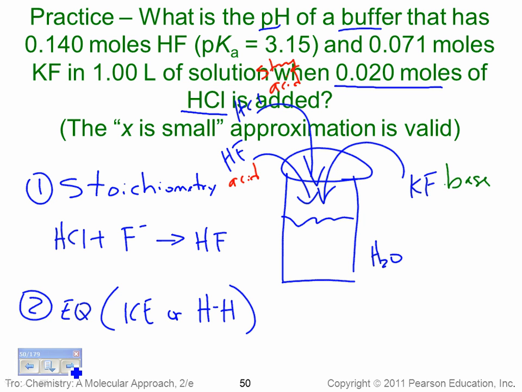This is an acid, that's a conjugate base. So what do acids do? They donate their hydrogens. So it's going to donate to that F minus to make HF. And then it's going to leave behind its own conjugate base. So yes, I expect you to be able to notice that that's the reaction that's going to happen.